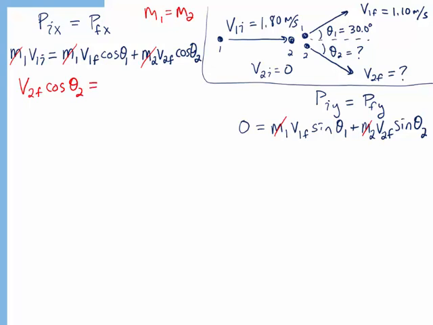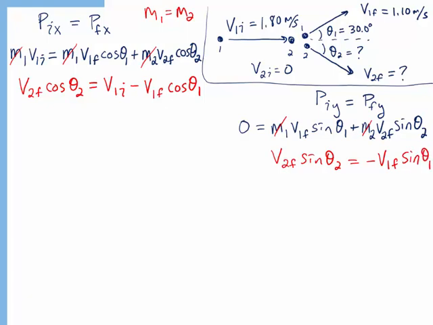So that's equal to v1 initial minus v1 final cosine theta 1. Do the same thing for this equation: v2 final sine theta 2 is equal to negative v1 final sine theta 1.